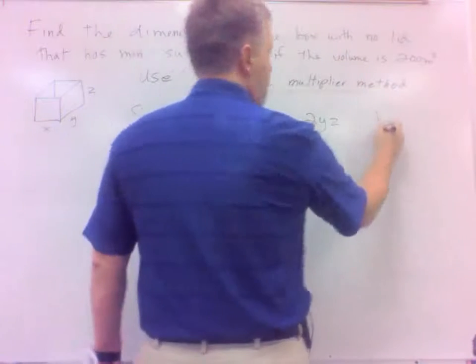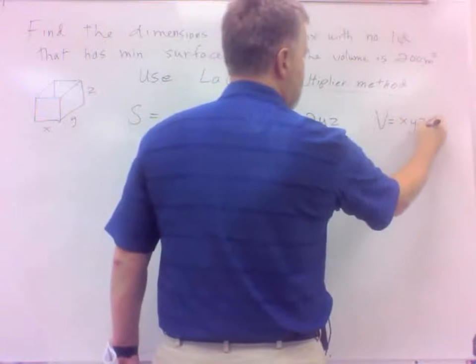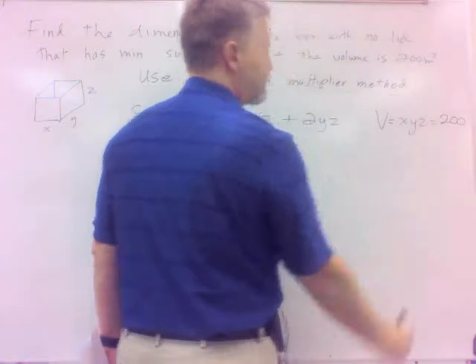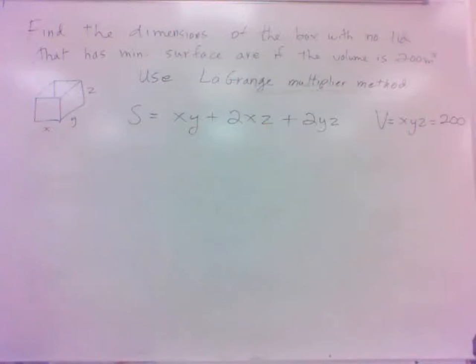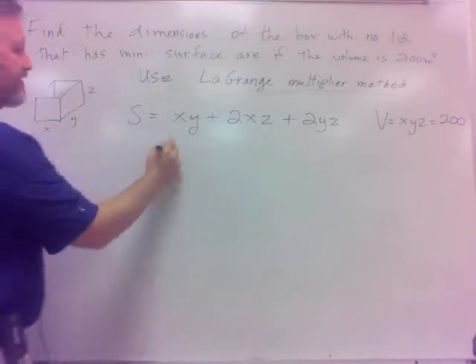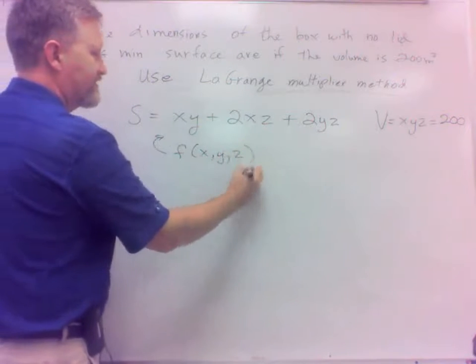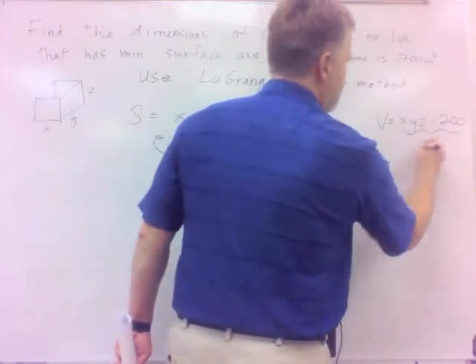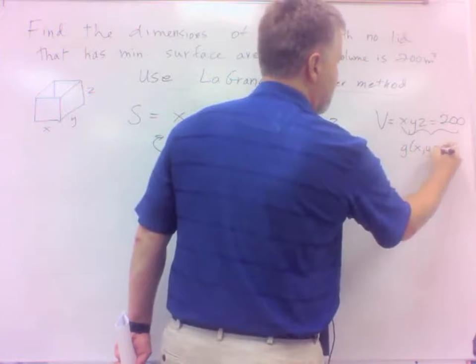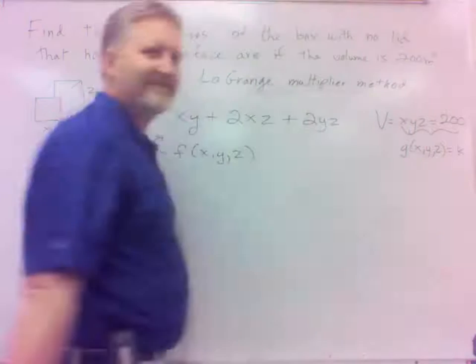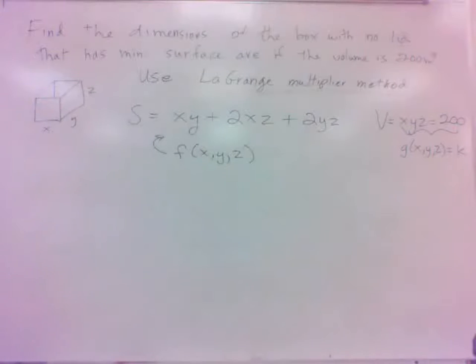And then we have the volume is xyz, but we know that's our 200. Okay? So this is our f of xyz equation, and this is our g of xyz equals some constant equation, isn't it?